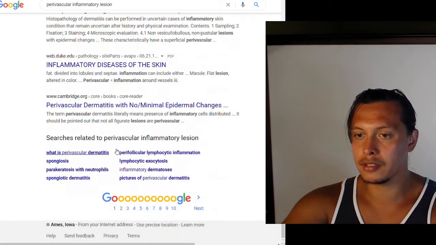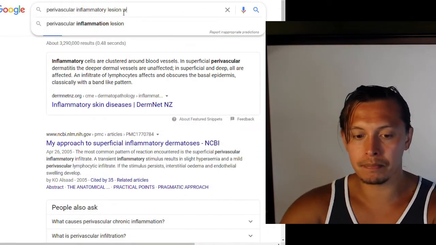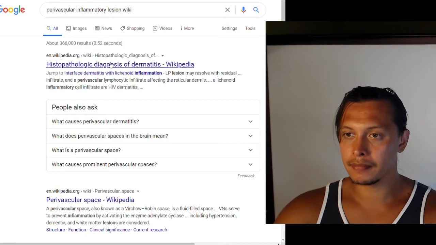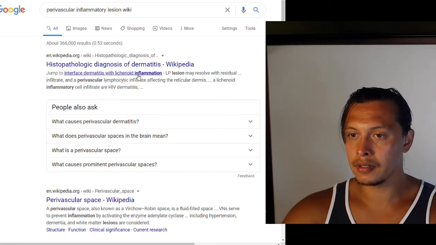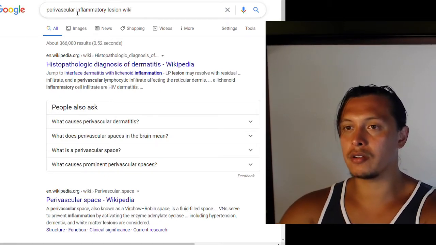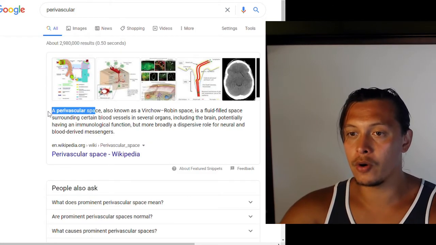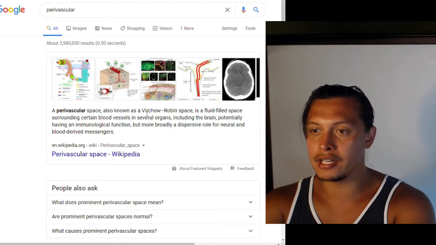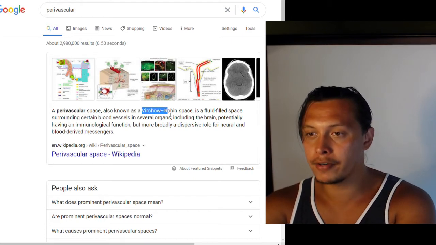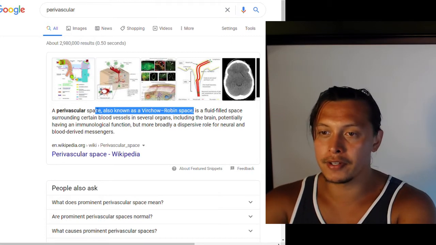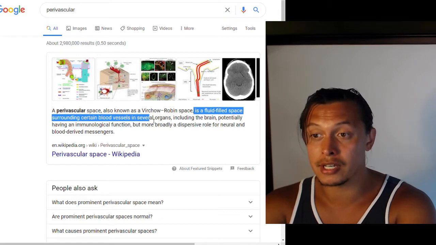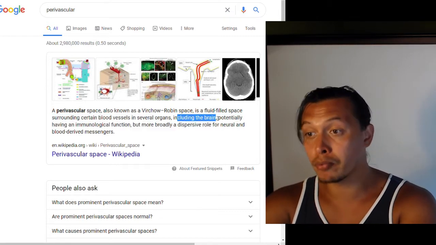And let's look up Wikipedia. Let's look up what perivascular means. So a perivascular space, also known as the Virchow-Robin space, is a fluid-filled space surrounding certain blood vessels in several organs, including the brain.